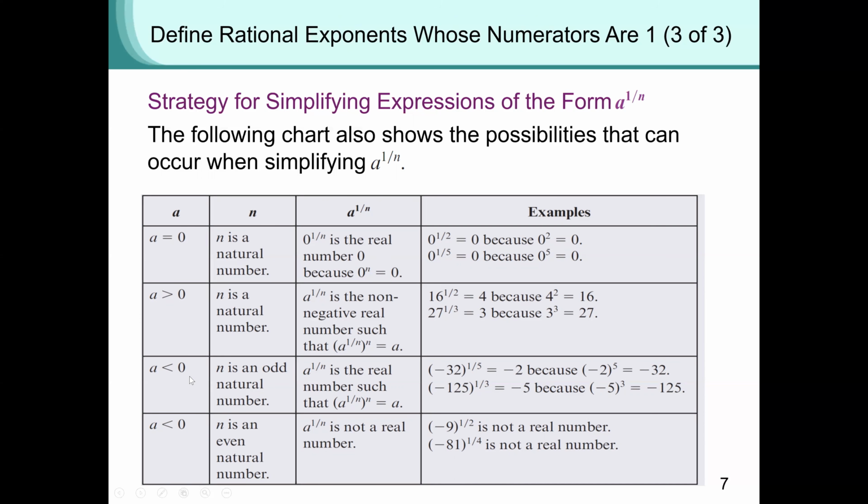If a is less than 0, which means it's a negative value, if the n is an odd value, then we get a solution. If it's an even value, then we don't get a solution. So you can see here, our n is 5, our n is 3, so we can get a solution, and we use the same step to solve it. But if our n is an even number, there's no solution. So negative 81 to the power 1/4 is not a real number.